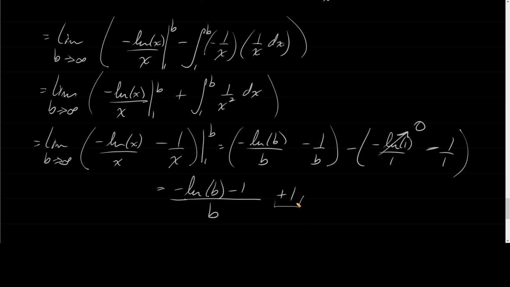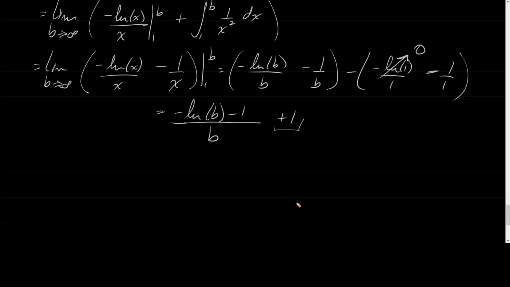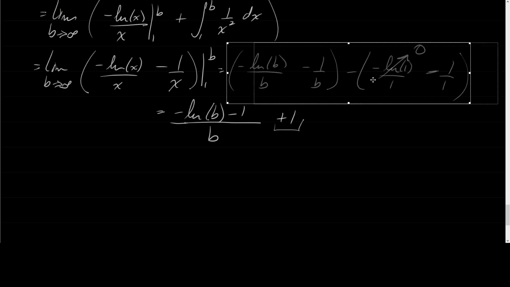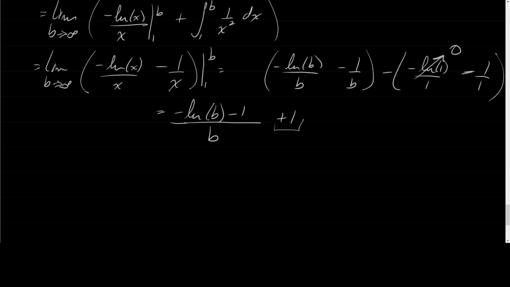So the last part there was just plus 1. But now, let's notice here that I have some bad notation. I forgot to write my limit. But recall that we're finding the limit, right? So because we're finding the limit here, let's see what happens as b goes to infinity.